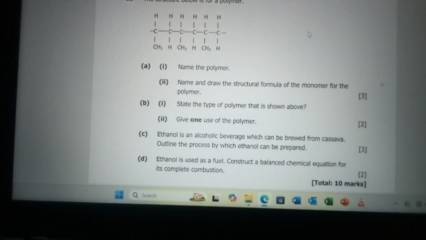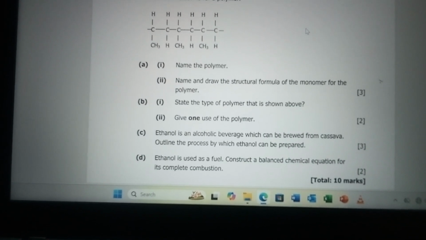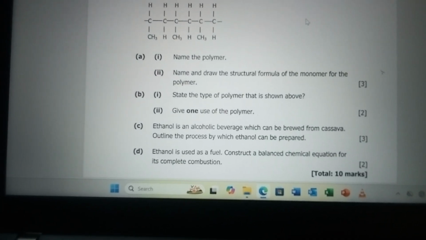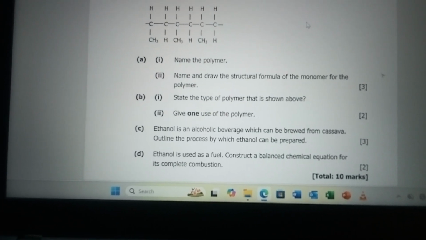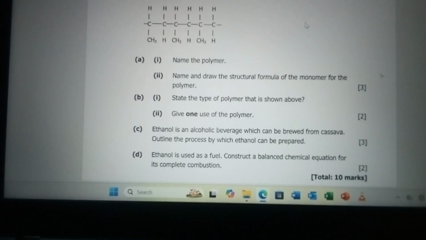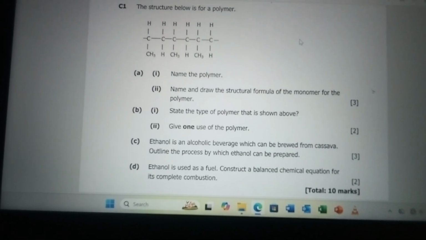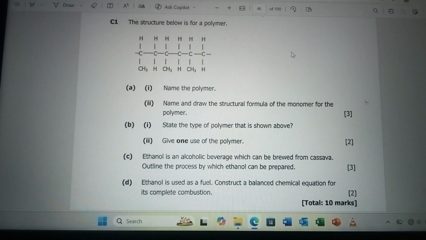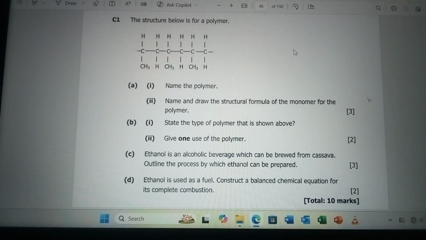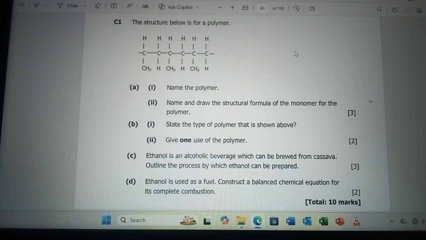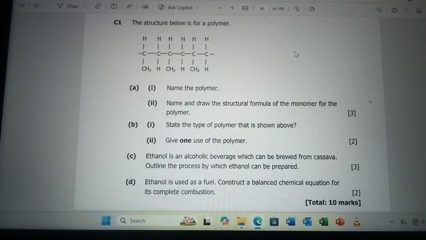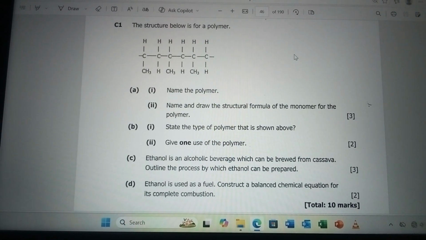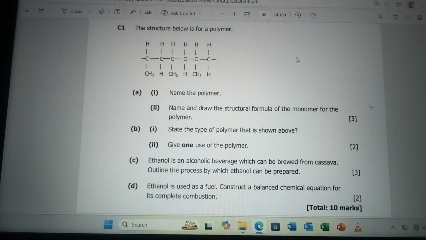And then they are saying, ethanol is an alcoholic beverage which can be brewed from cassava, outline the process by which ethanol can be prepared. Anything related to cassava is fermentation, and we all know that fermentation is just the decomposition of sugar using enzyme in yeast to produce ethanol and carbon dioxide.